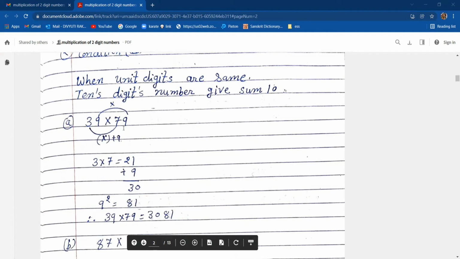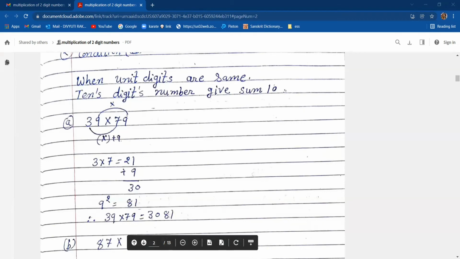So what will we do in this kind of multiplication? That is also easy. First you will focus on the tens digits: you multiply 7 and 3, and then you add the unit digit to it. So 7 into 3 is 21, plus this 9.